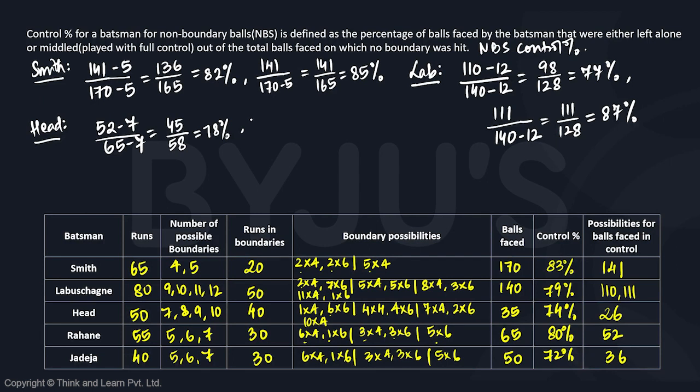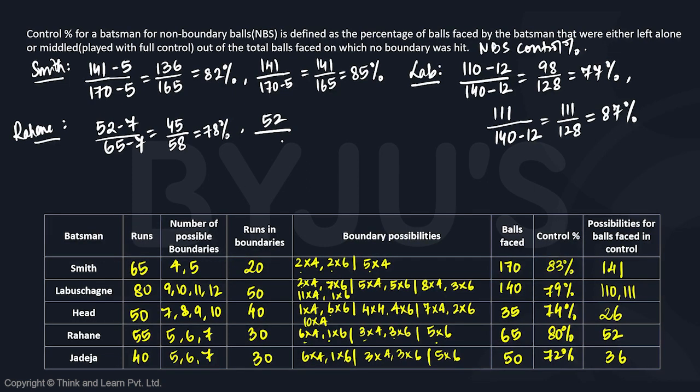Or we can have not a single boundary coming from those 52 control balls. We needed Head, right? This is 52, 20, oh, sorry. This I mistakenly calculated for Rahane. So let's write down Rahane, right?